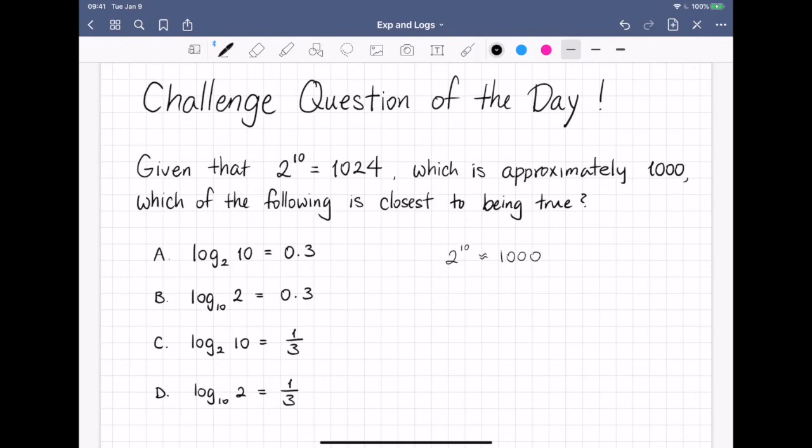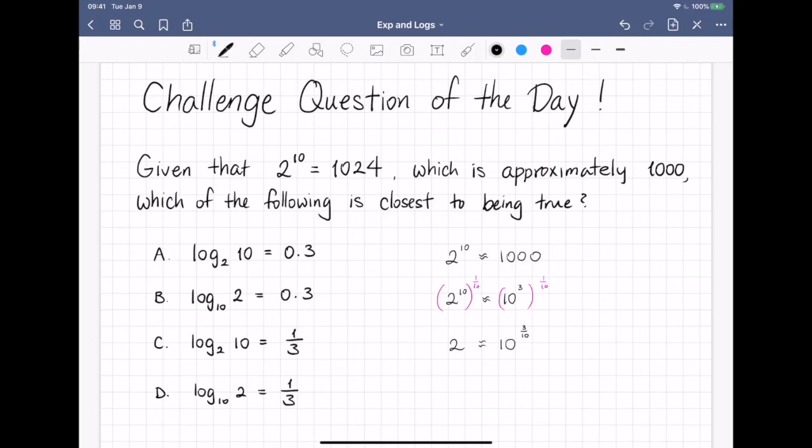Okay, so I'm going to write that 1,000 maybe as 10 to the 3rd power. Okay, and then it sounds strange, but I'm going to raise both to the 1/10th power. Okay, so then what does that look like? That's going to be 2 is roughly 10 to the 3 over 10.